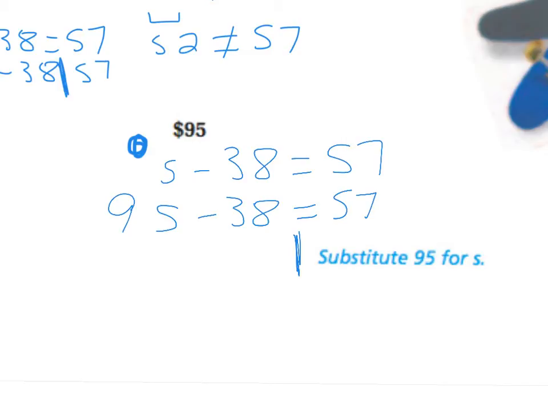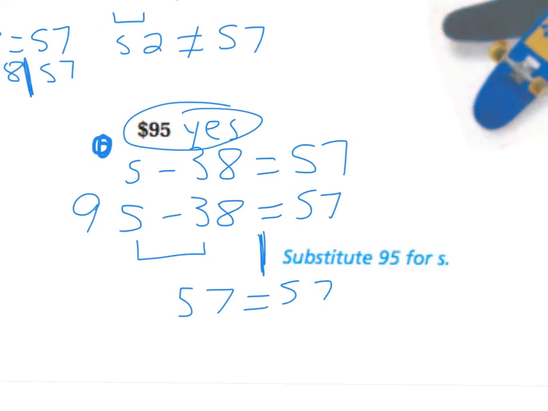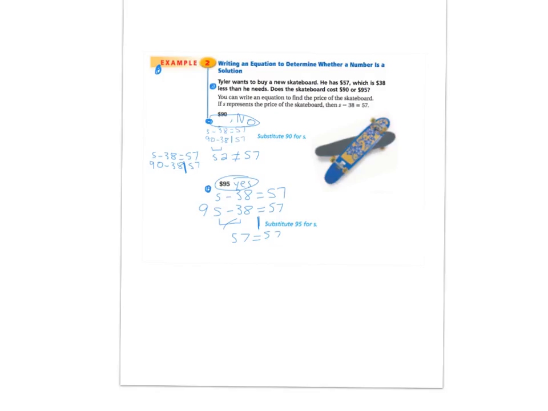So I know this side should be 57. And 95 minus 38 is, in fact, 57. So that means, yes, 95 would be a correct solution. So if I look back at the original problem, we can determine that the skateboard costs $95.